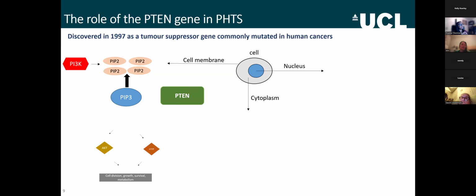Now, this function of PTEN came out in the early 2000s, and this is what has been believed to be the major contributor to its role in cancer, its role in overgrowth. If you think about it, as I said, macrocephaly is an overgrowth symptom. You have bigger cells. It causes an overall growth of the brain.